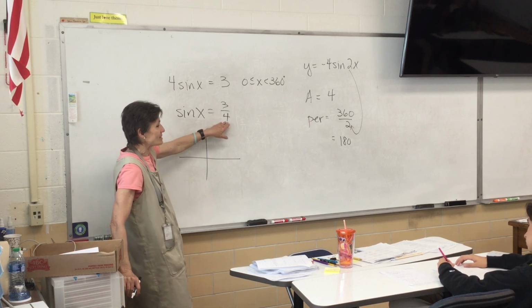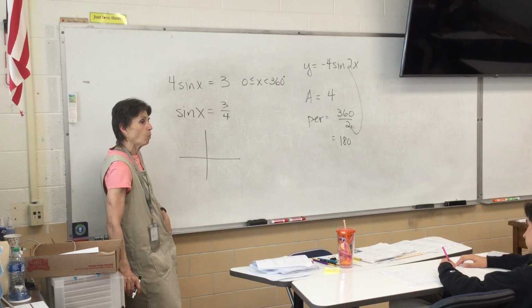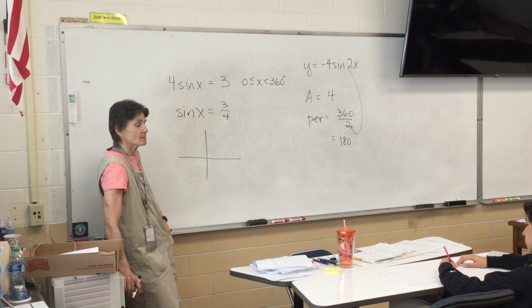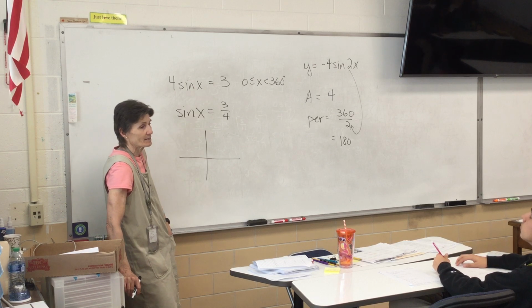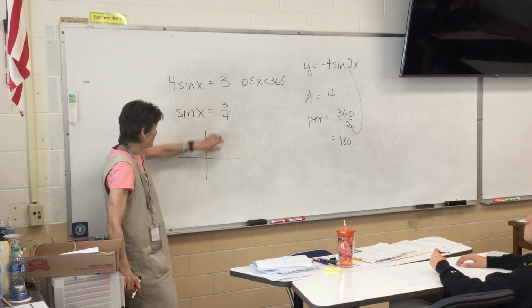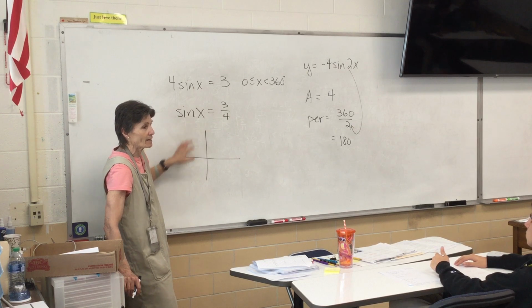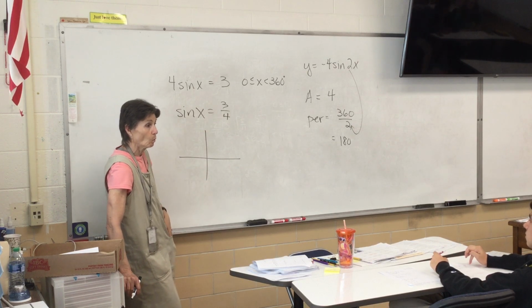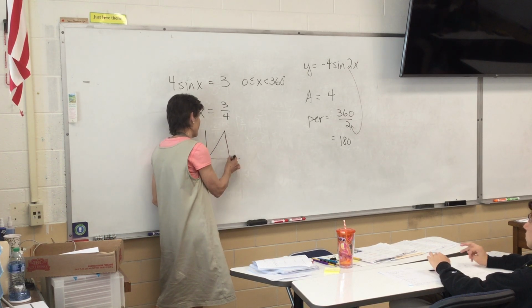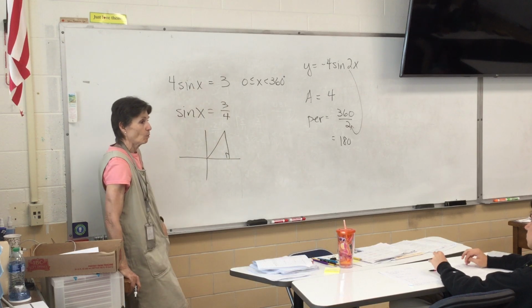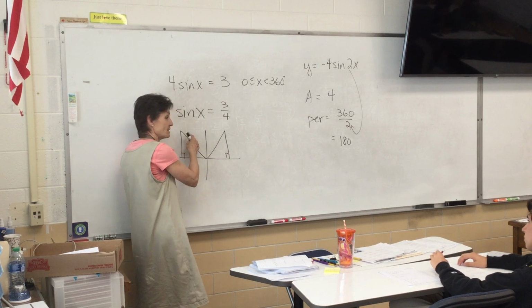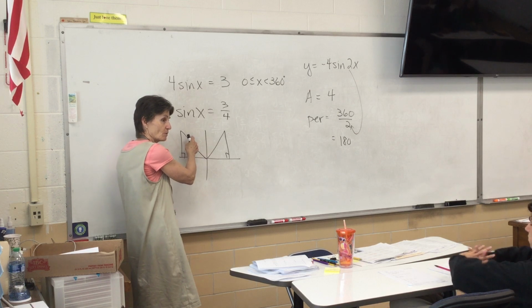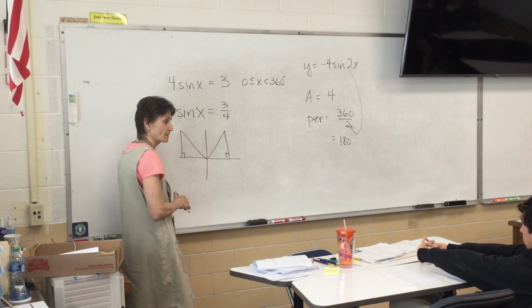This is a positive number. In which quadrants is Y, sine, positive? Which quadrants have positive Y's? 1 for sure. I'll make a little triangle in quadrant 1. Where else? 2? Think about points over here. Isn't there a positive Y?